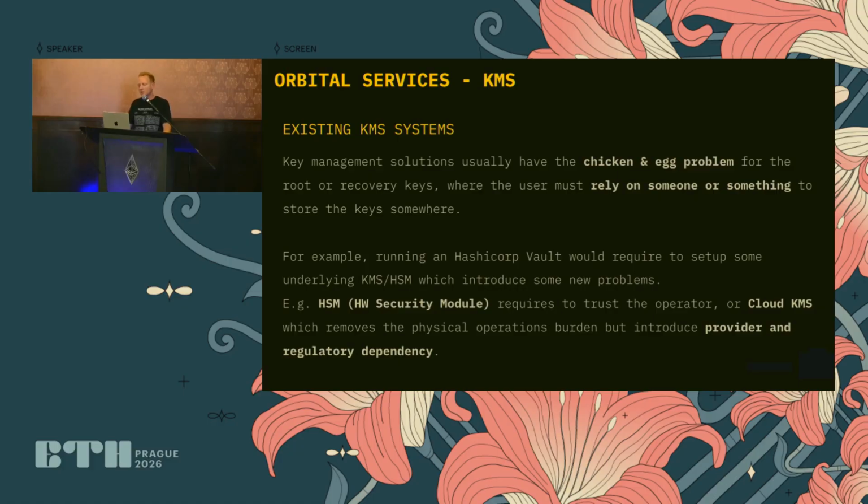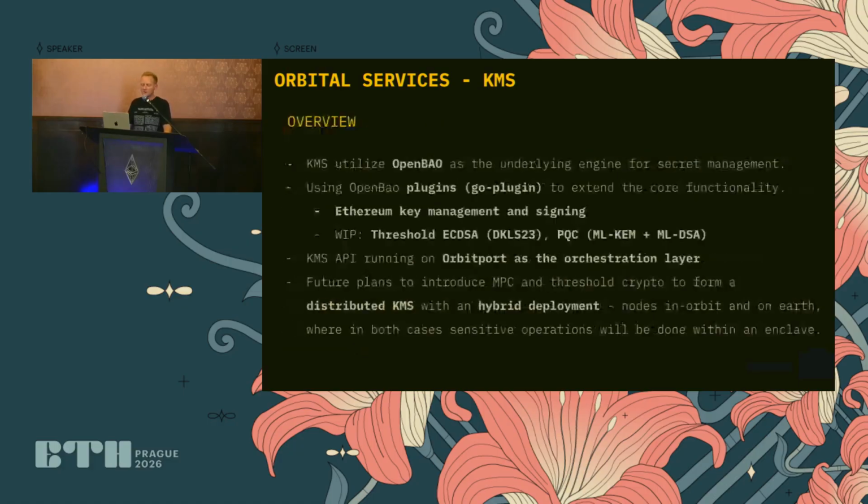So eventually this is a problem which we aim to solve with our version of KMS, which can run in space. And basically we run on top of OpenBao. For those who don't know, OpenBao is the open source version of HashiCorp Vault, which has turned to a business license since 2023. OpenBao works with the same architecture.